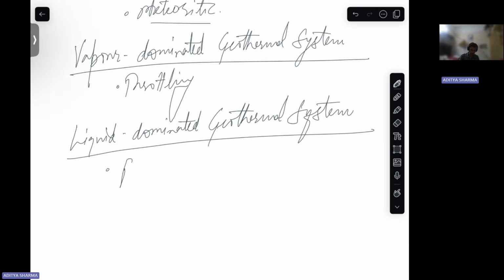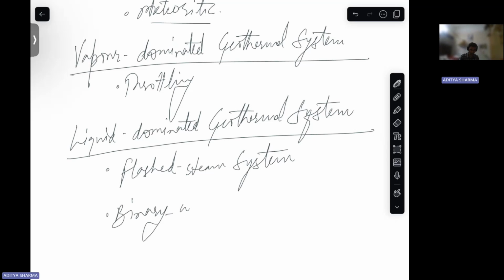So in your liquid dominated, you have two types of systems. One is your steam system, then is your binary cycle system.